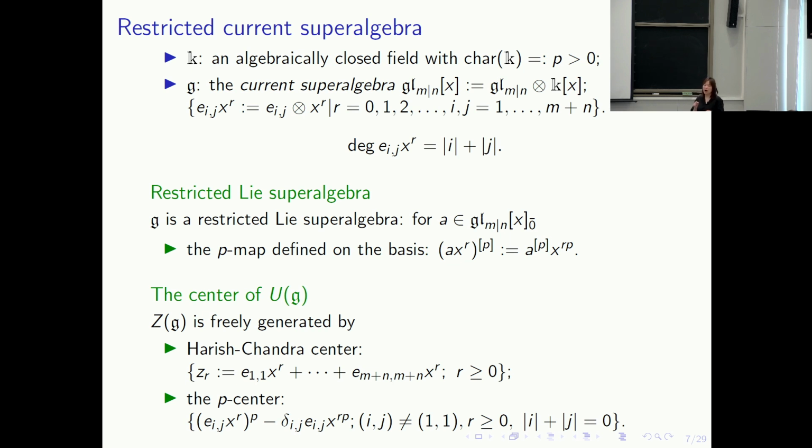The parity of i is 0 if i is from 1 to m. Otherwise, its parity is 1 if i is from m plus 1 to m plus n.